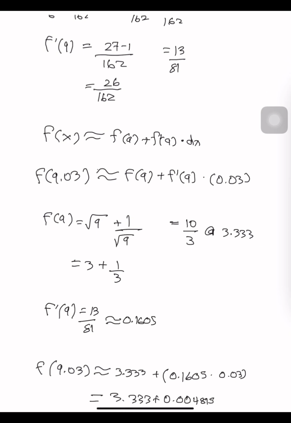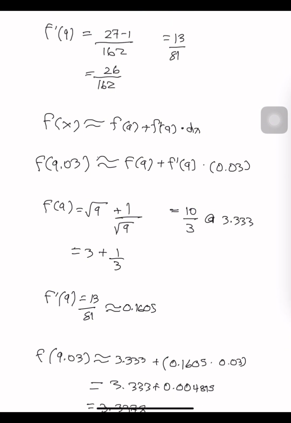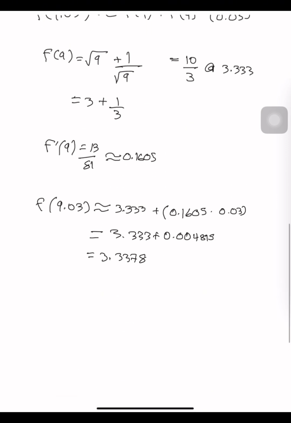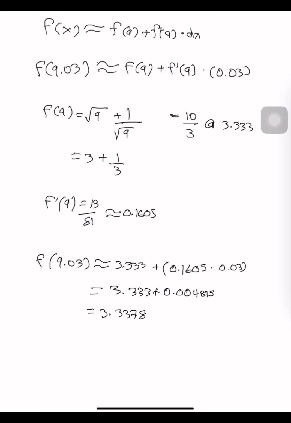So f of 9.03 is almost equal to f of 9 plus f prime of 9 times 0.03. f of 9 is equal to square root 9 plus 1 over square root 9.